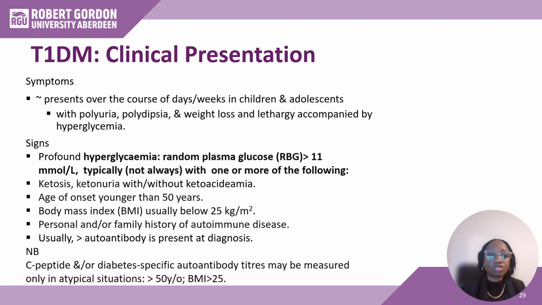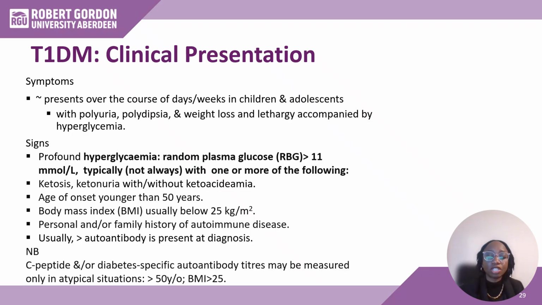So symptoms present over a course of days or weeks in children and adolescents, and these include polyuria, polydipsia, weight loss, and lethargy accompanied by hyperglycemia. Again, you must always remember the difference between the signs and the symptoms. The signs will include profound hyperglycemia with a random blood glucose of over 11.1, typically but not always, with the following: ketosis, ketonuria with or without ketoacidemia.